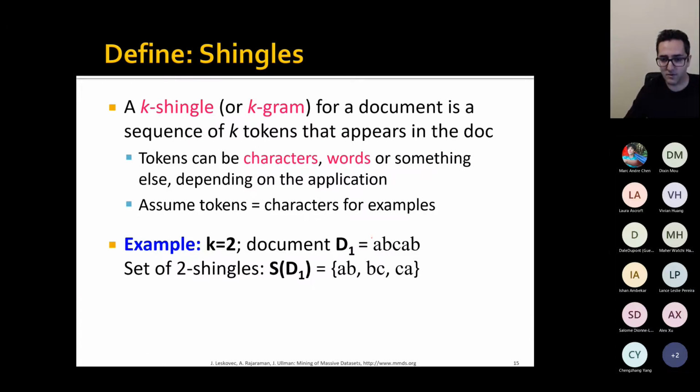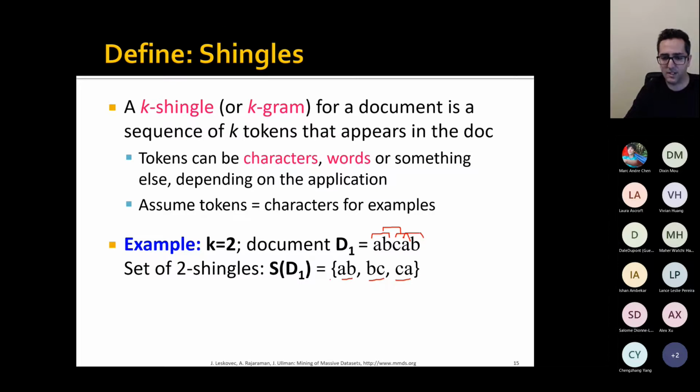Okay, it can also be words. So the first 2 letters are AB, so I add it to my set. The next 2 will be BC, right? So I add it to my set. The next one will be CA, right? So I take a window and I slide it over the text, and I keep generating these tokens. And then the last one will be AB.